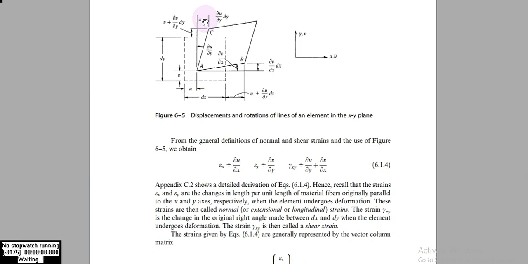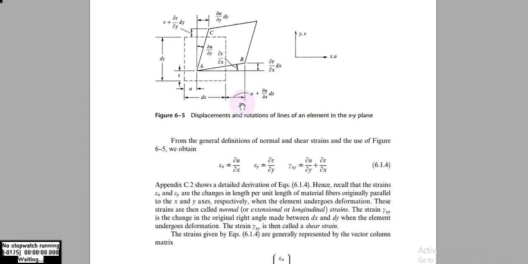As we have seen recently, the angle between these will be del u by del y, and the angle between these two will be del u by del x. So this value will be equal to del u by del x into dx, and this one will be equal to u plus del u by del x into dx.